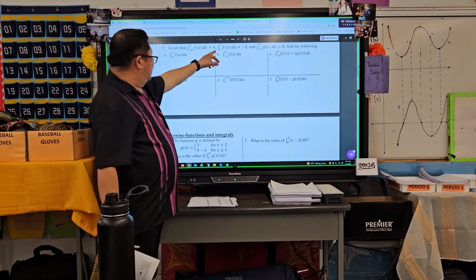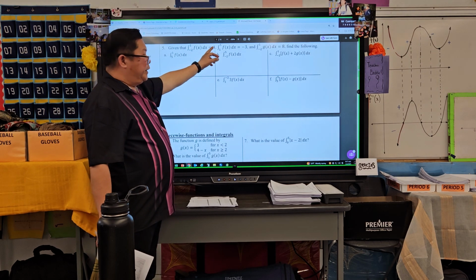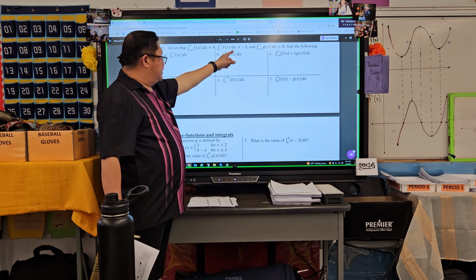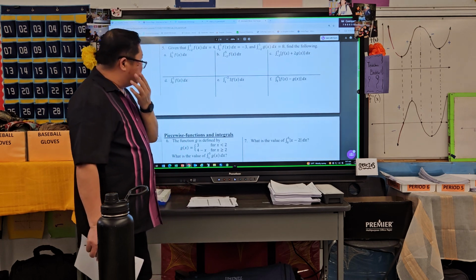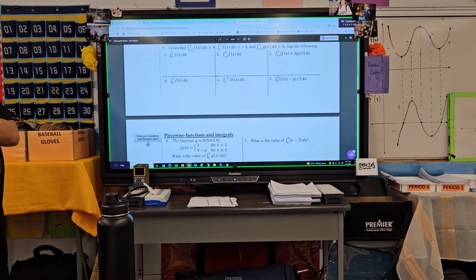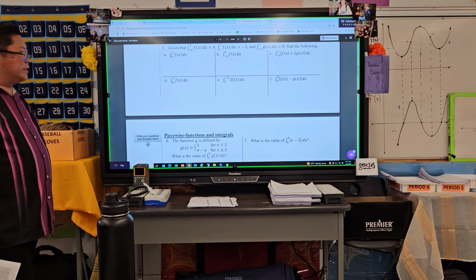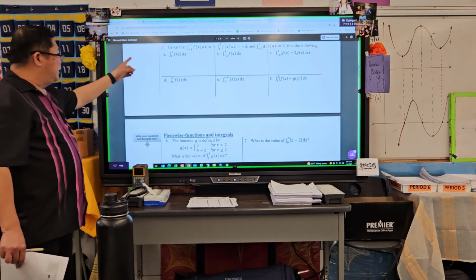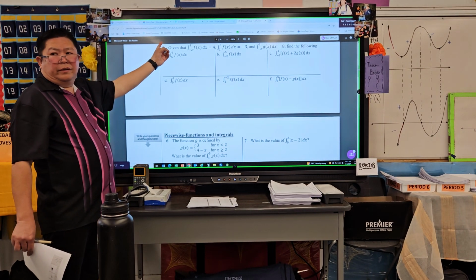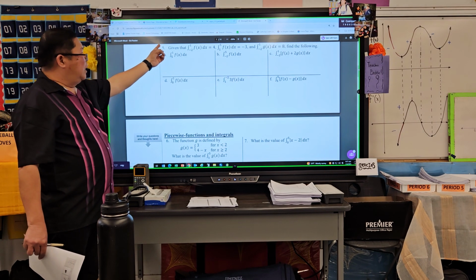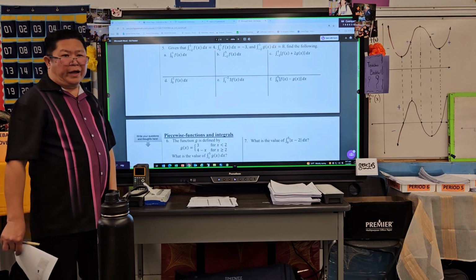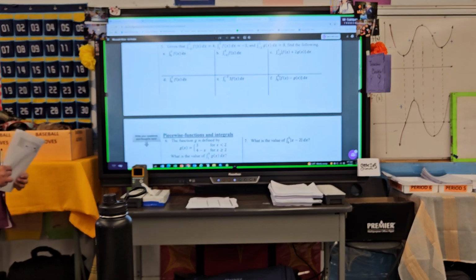And the next one is the integral from 1 to 5 of f of x dx is equal to negative 3. And the last is the integral from negative 2 to 1 of g of x dx is equal to 8. And then we're going to find the integral from 5 to 1 of f of x dx.